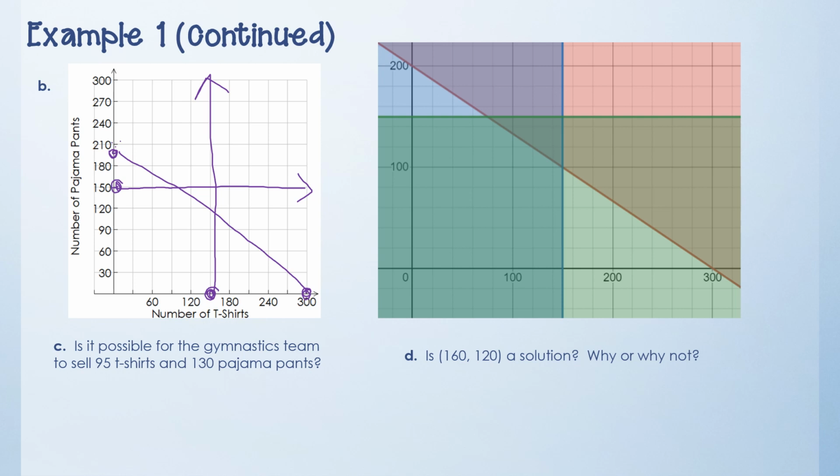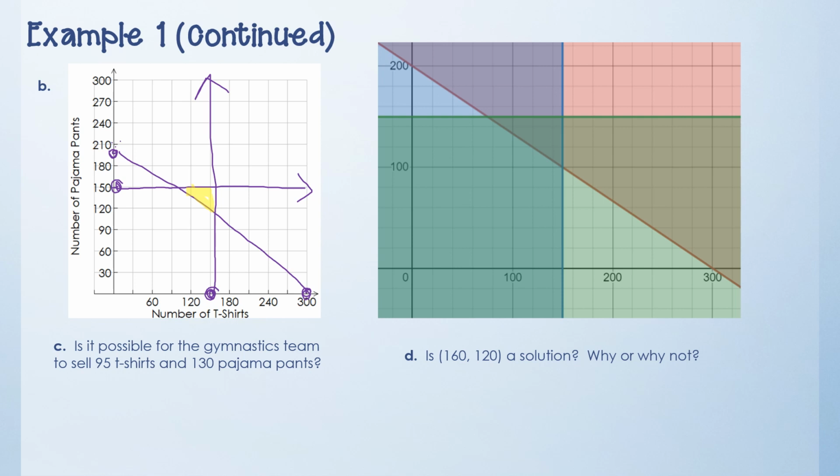So that's what it would look like. And then the shading would be in this middle triangle right here. Anything in that region, and I know it seems small, but my scale is so spread out that if I zoom in, I can see a lot more options for the number of t-shirts and pajama pants that we can sell and still be within that constraint.